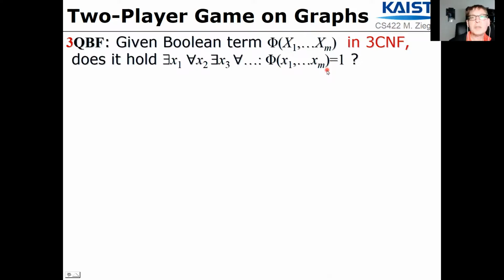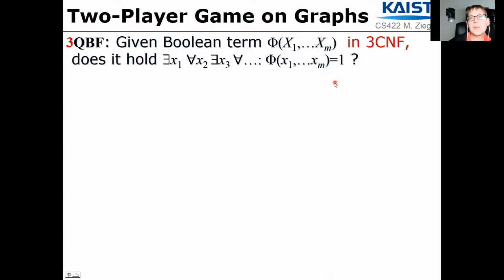Requiring this does not change the computational complexity more than a polynomial, just like moving between conjunctive normal form and 3 conjunctive normal form.